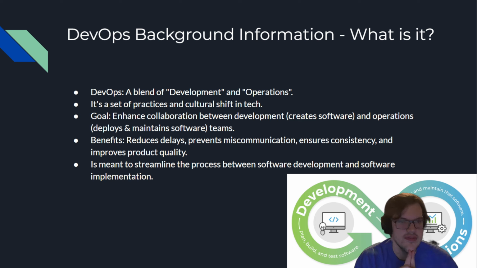The overall goal for this kind of environment is to allow software developers to upload their finished code, test it, and deploy it in pretty much one extremely quick action. This type of methodology reduces delays, reduces deployment time, prevents miscommunication between developers and system administrators, ensures consistency in software development, and improves overall product quality.